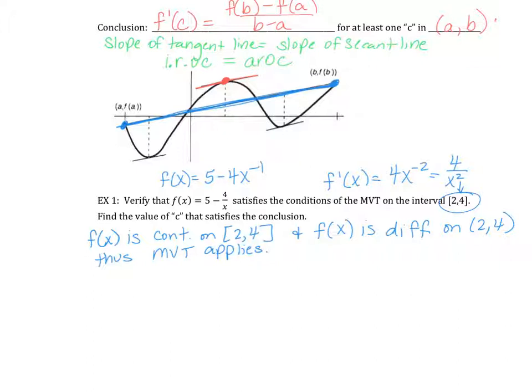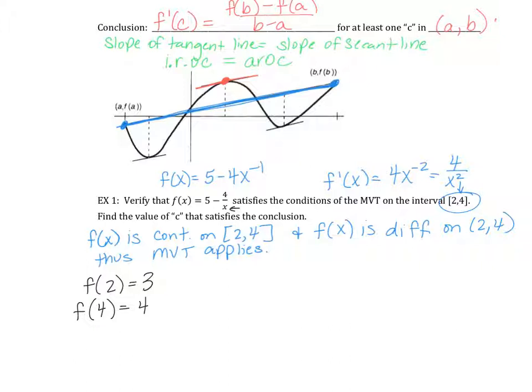So I personally find the slope of the secant line first. If my interval is 2 to 4, I'm going to find f of 2 and f of 4. And again, you can do that in your head. You don't have to show how you get that, but I do have it labeled. So f of 2, if I plug in 2 right there, that's 5 minus 2, so that's 3. If I plug in 4, that's 5 minus 1, that would be 4.